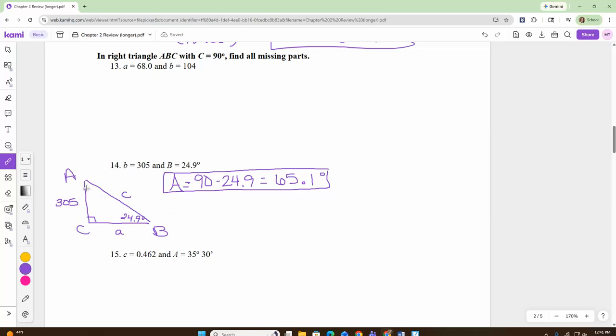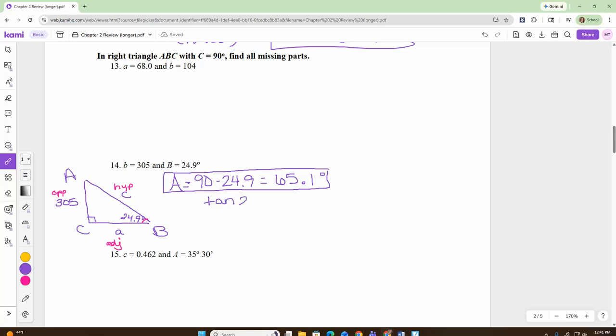All right, to find the other things, let's set up a trig function. So, if I'm viewing from angle B, 305 is opposite, C is my hypotenuse, so that means A here is my adjacent. So if I'm looking for A, I need my adjacent, I have my opposite. What trig function involves opposite and adjacent?